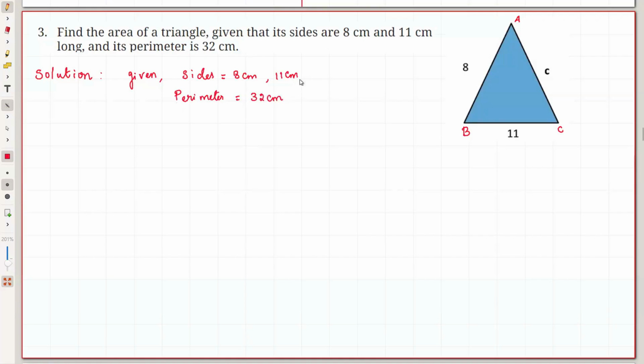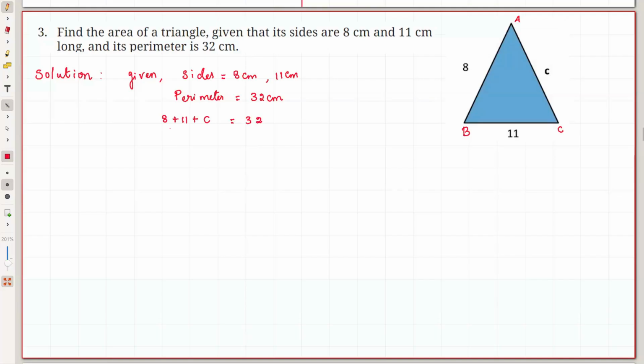We know perimeter means sum of all the sides, given as 32 centimeter. So sum of all the sides: 8 plus 11 plus C, taking the third side as C, is equal to 32.